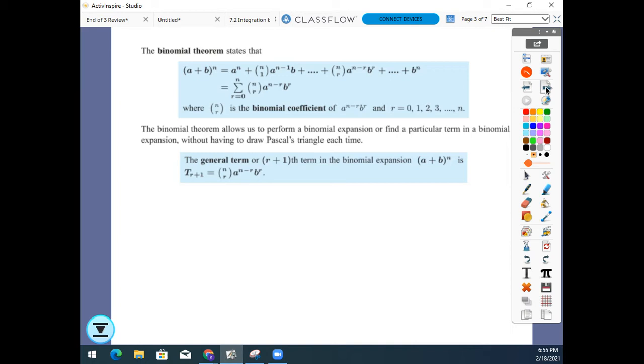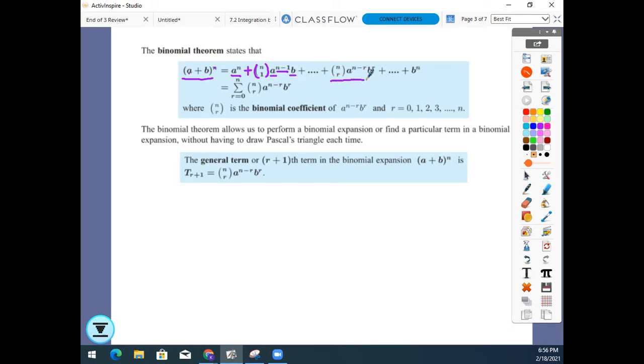And this is the crux of the lesson. The binomial theorem states, because this will be in your formula booklet, in order to expand a plus b to the n, we always take the first term to the highest exponent, plus, instead of using the triangle, we can use n, where we get the n from the exponent, n choose 1, a raised to 1 less than this one, and b goes up.